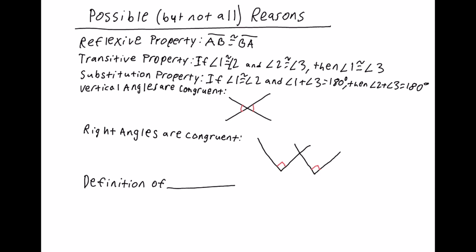Definition of blank will get you to a spot. If they say angle 1 and angle 2 are perpendicular angles, you can then say that both of those angles are 90 degrees because of the definition of perpendicular angles.